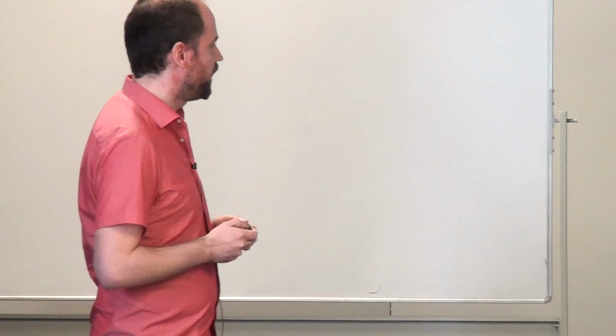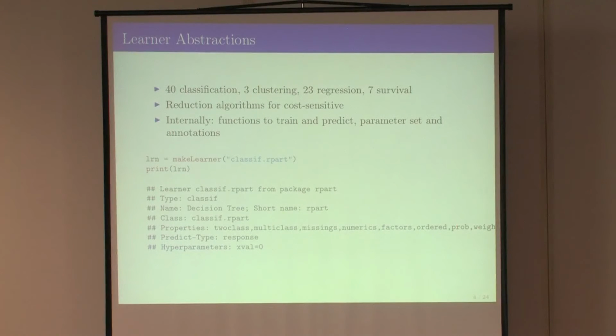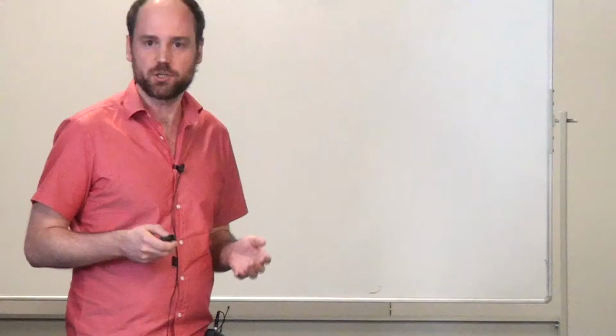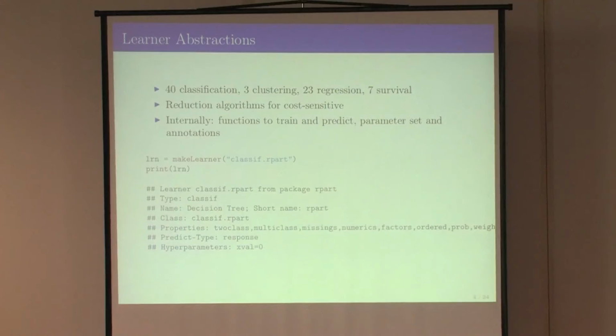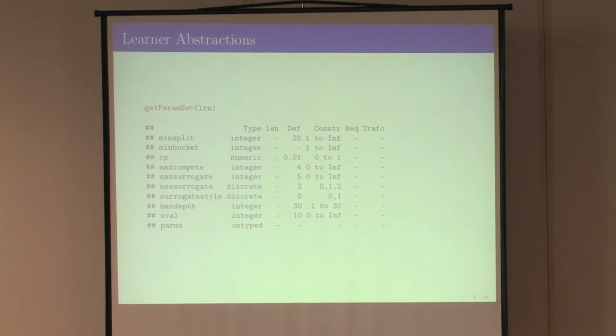And the method knows whether it can support that as well. And there's only one hyperparameter setting actually changed, and that's don't do cross-validation internally, because we do this with MLR. We don't want to waste time, so that's switched off by default, but you can change that again. And you can ask, well, what are all possible hyperparameters?